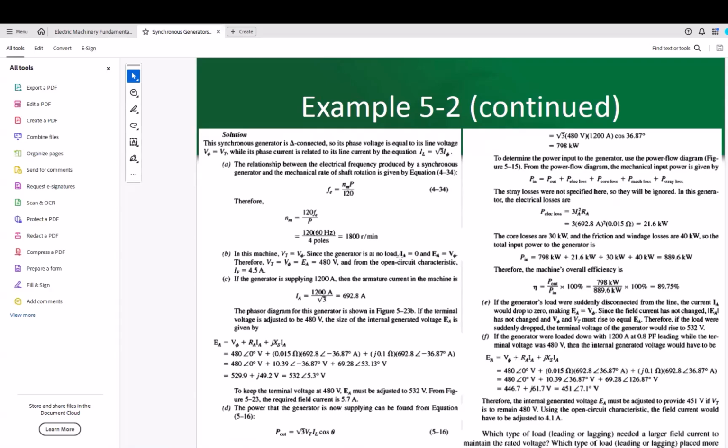Since the generator at no load has zero armature current, and EA is equal to V phi, therefore VT would be equal to V phi would be equal to EA. All of them would be equal to 480 volts. And from the open circuit characteristics, this IF should be found at 4.5 amps.